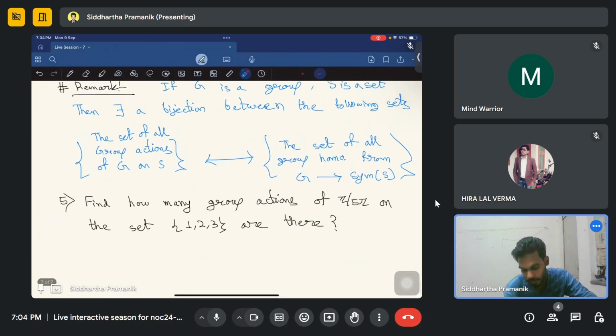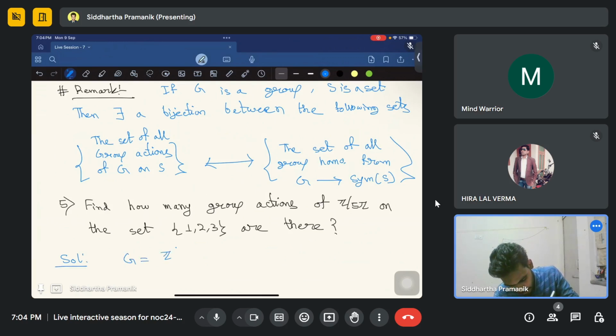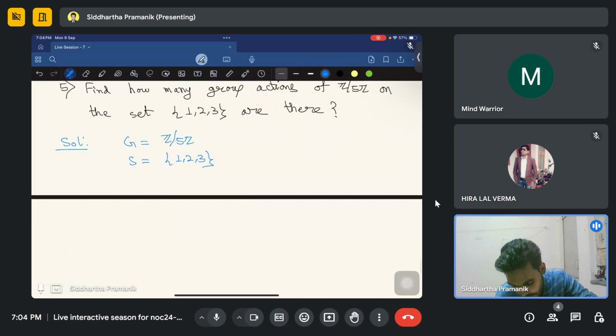Can you do this? Here our G is Z mod 5Z and S is the set {1, 2, 3}. How many group actions of G on S are there?